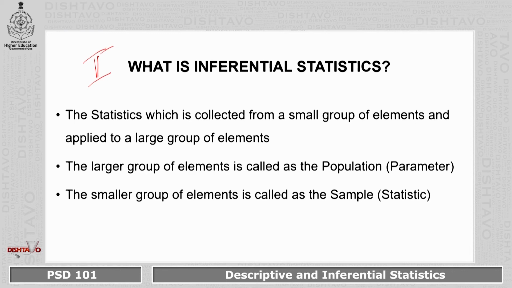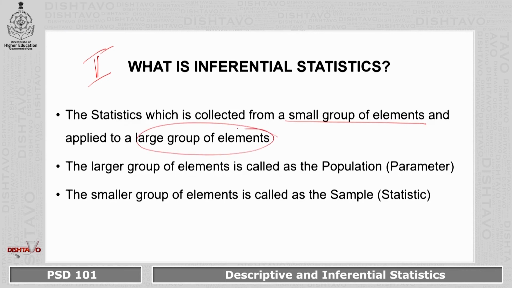Coming to the second part, what is inferential statistics? The statistics collected from a small group of elements and then applied to a large group of elements is called inferential statistics. Whenever we are studying a particular population, a population is a large group of elements.